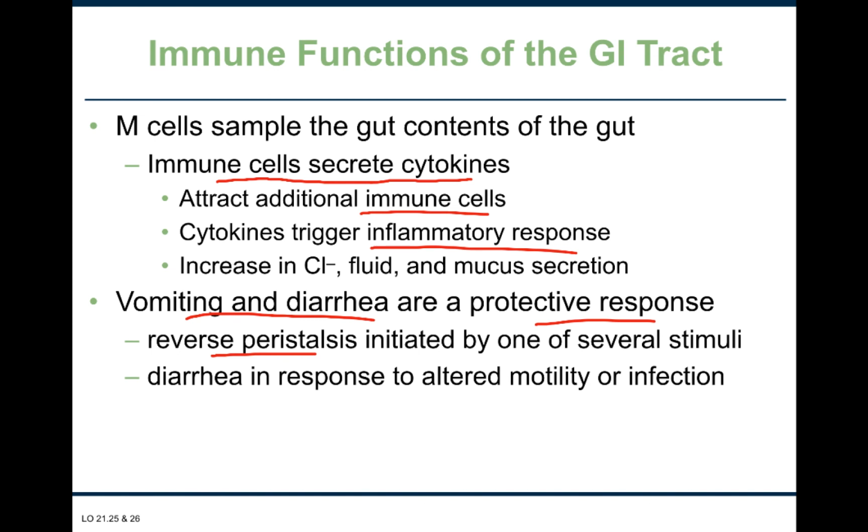Not all organisms, not all mammals have the ability to vomit. Okay. Diarrhea, we've all experienced this in response to many different factors. One of the biggest is altered motility, so when motility is off, or infection from a foreign invader.